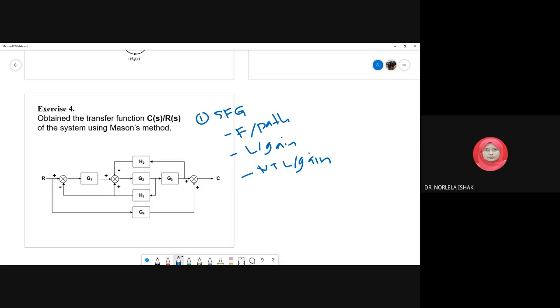Let's do this exercise first, and after you are familiar with this step, we can define using Mason's rule the transfer function.